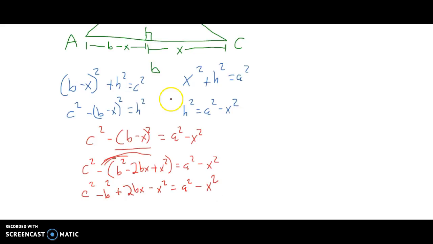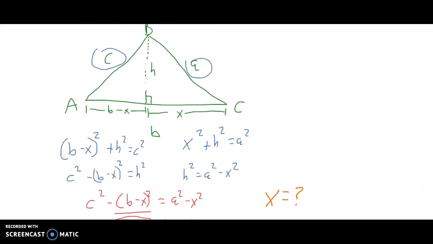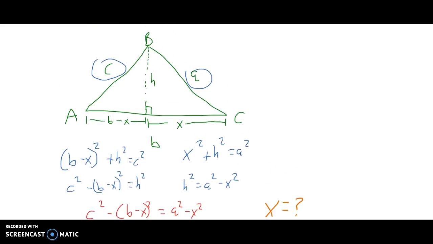Before we go a little further, a question we might want to ask ourselves is, what does x equal? Figuring out what x is equal to can help us further this equation along. Well, x in our triangle is the bottom of our triangle on the right.